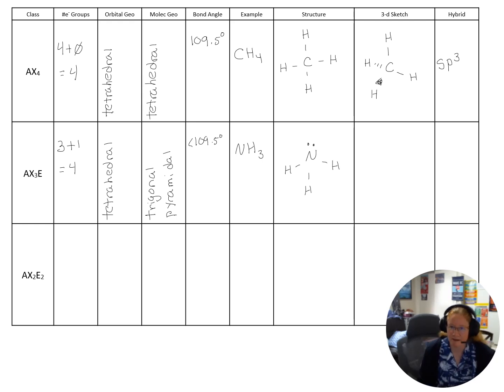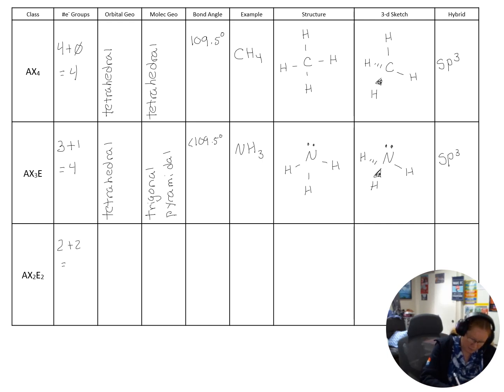Okay, all right, and then we'll sketch it in 3 dimensions. I'll put the lone pair in the plane, this hydrogen in the plane, this one coming out, and that one going back behind. Okay, and we're still sp3. All right, and then our last classification here, 2 bonding, 2 lone pairs for a total of 4 electron groups still.